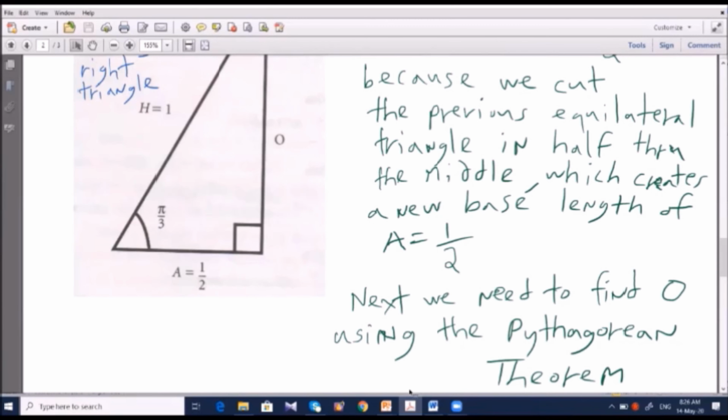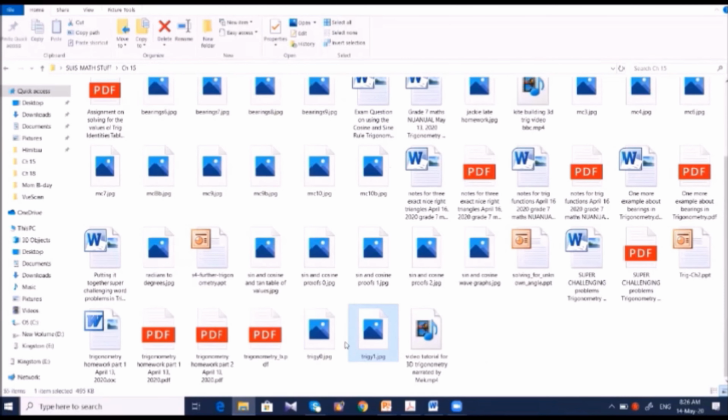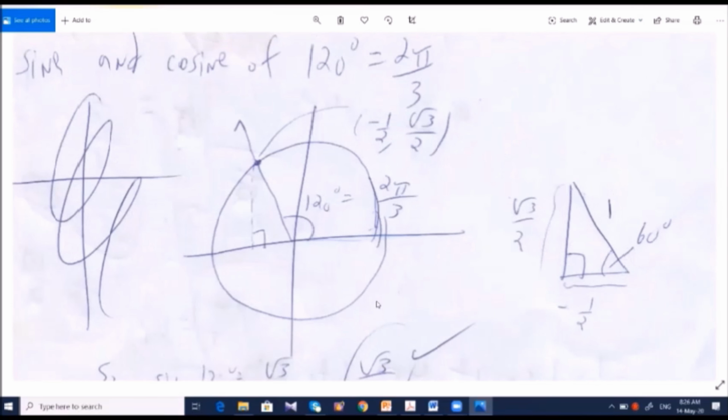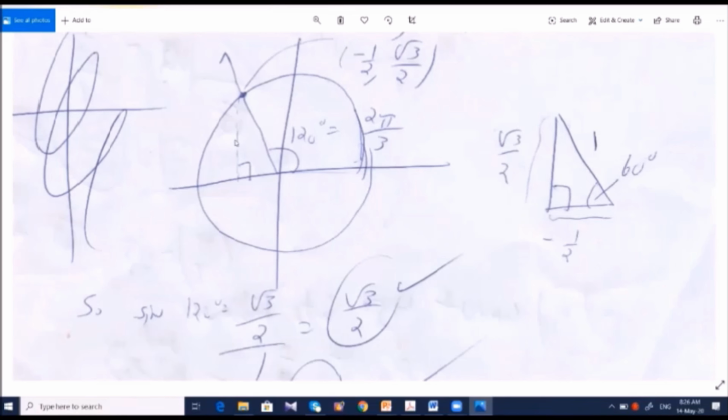So I will show you my solution to this problem that I did by hand. We're still on number 1. That's the 120 degrees. This is the triangle I'm dealing with. I'm going to pull out that right triangle like this. 60 degrees here. Here's my 1 for the hypotenuse.